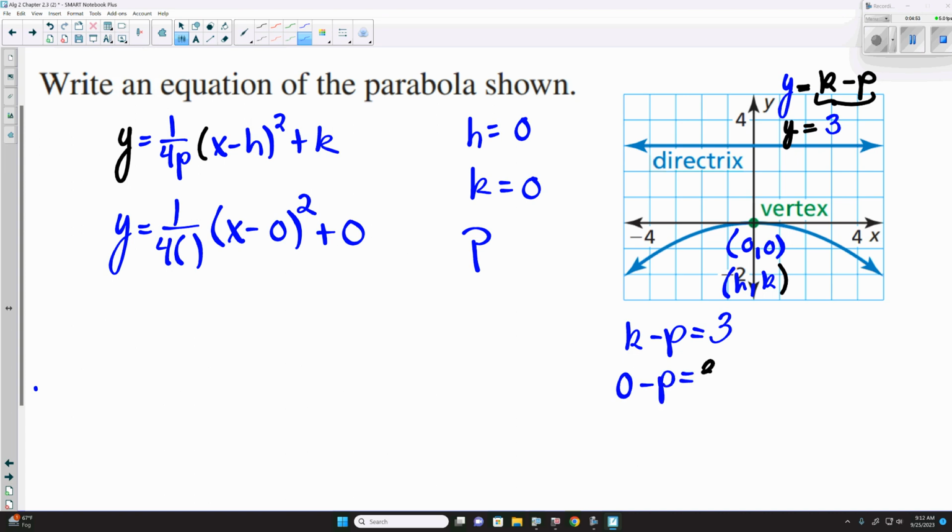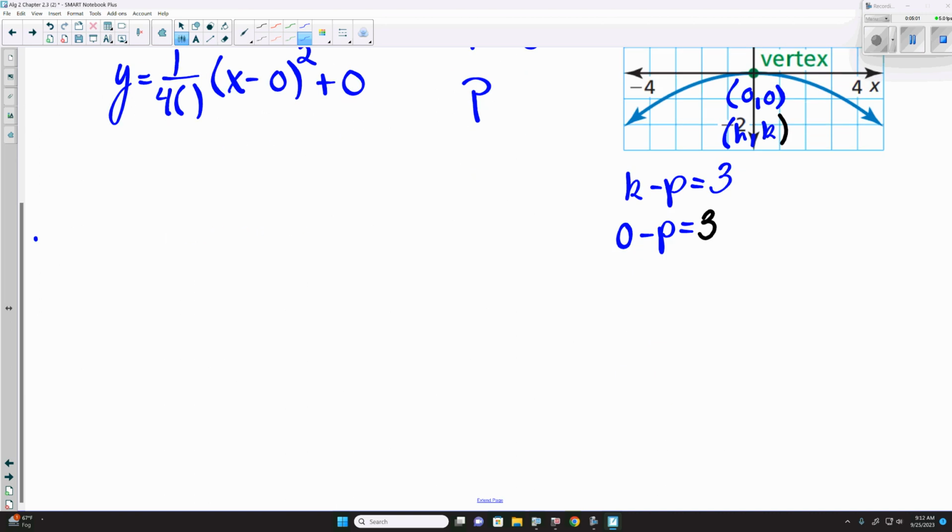We don't know what the value of p is yet, but we know it should equal 3. Because if we simplified this here, well, 0 minus p is just negative p. And at this point, we can multiply or divide by a negative, which will tell us p is. Questions on how we found the value of h, k, or p?